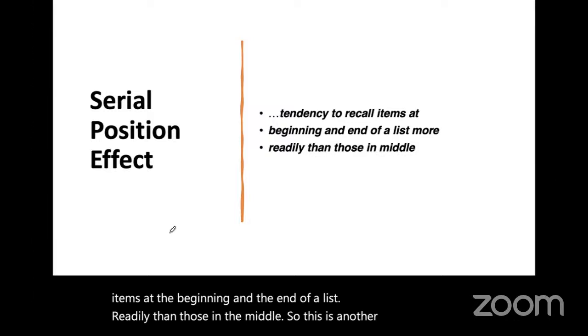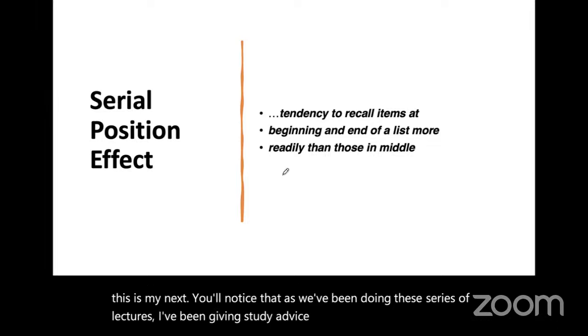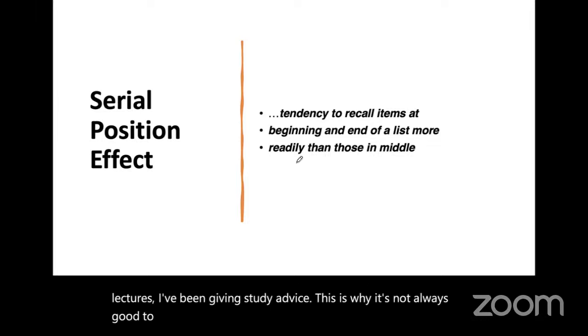And you'll notice that as we've been doing this series of lectures, I've been giving study advice. This is why it's not always good to start at page 1 and read to page 20. Okay. So in the first run, maybe you do that.